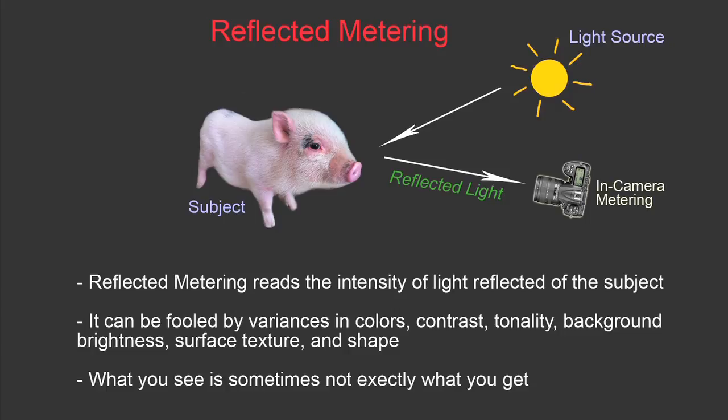And sometimes what you see is not exactly what you get. And this is usually the meter reading most of us use because we can do it with the in-camera meter, the meter which is built into the camera. Or also we can use a handheld meter which has a spot meter in it.